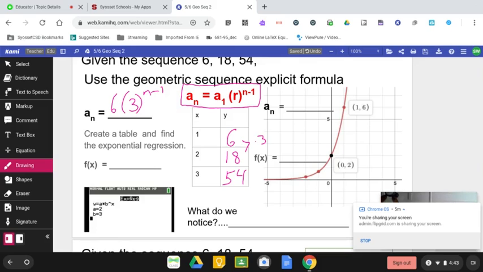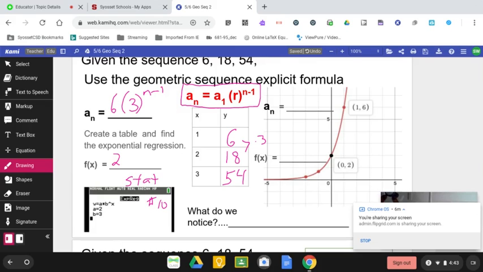So if we want to create a table, which we've done, and type this into the stat menu on the calculator, the stat edit, and then the stat calc, you'll find it number 10, the exponential regression, we're going to be given something slightly different. We're going to be given a and b. Instead of the first term, we're going to actually be given the y-intercept.